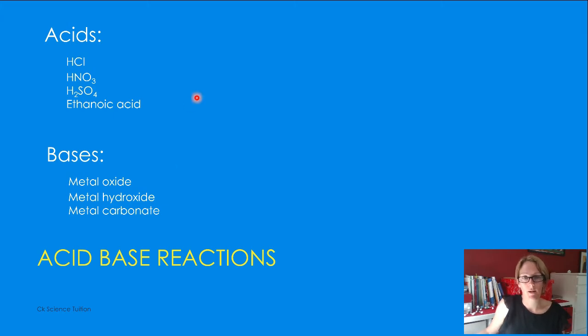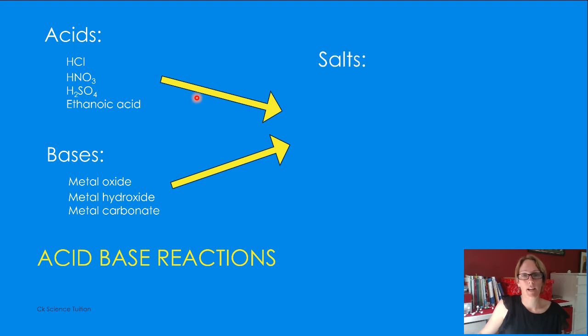And what we should know is that when they react together, you get salts. The reason you get the salt is that the non-metal part of the acid, or the non-hydrogen part, the chloride, the nitrate, and the sulfate, combine with the metal. So it's like the metal and the hydrogen swap places.